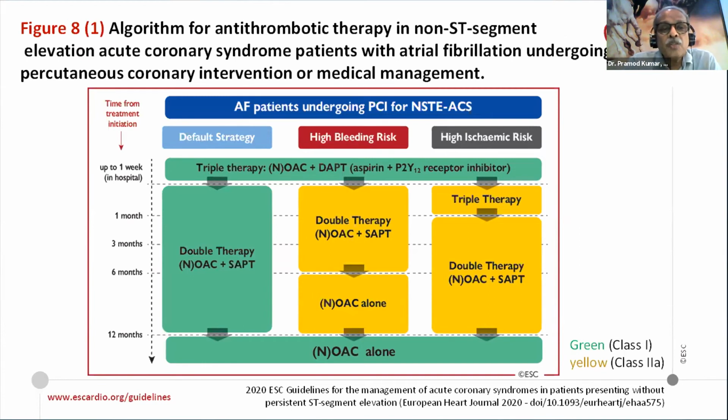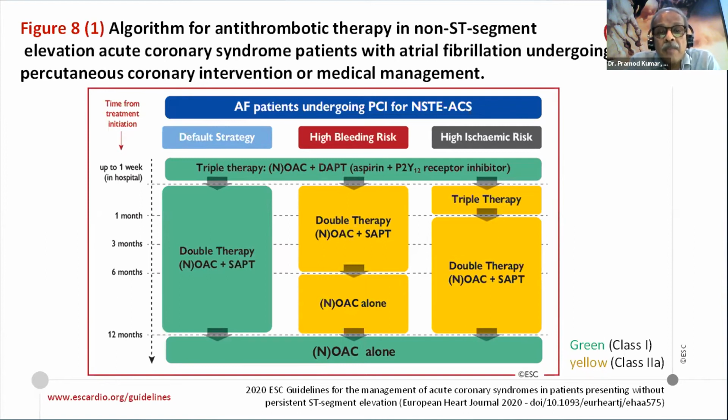They again should be divided, with a default strategy where, if the bleeding risk is not high and thrombotic risk is also not very high, then you give triple therapy, one anticoagulant plus two antiplatelets, where the preferred P2Y12 receptor inhibitor is clopidogrel, and this should be used for one week, and then dual therapy for 12 months, and then only anticoagulation.